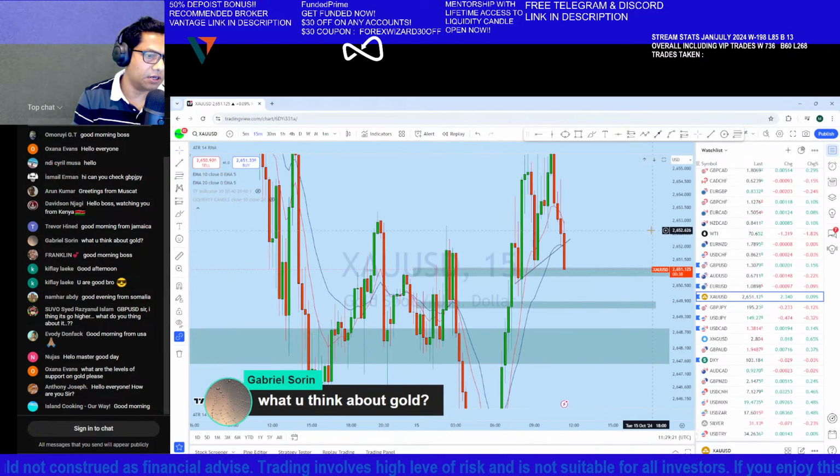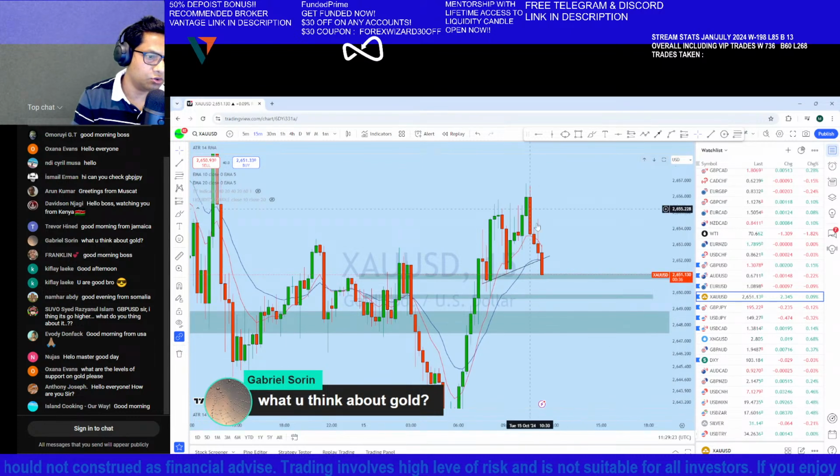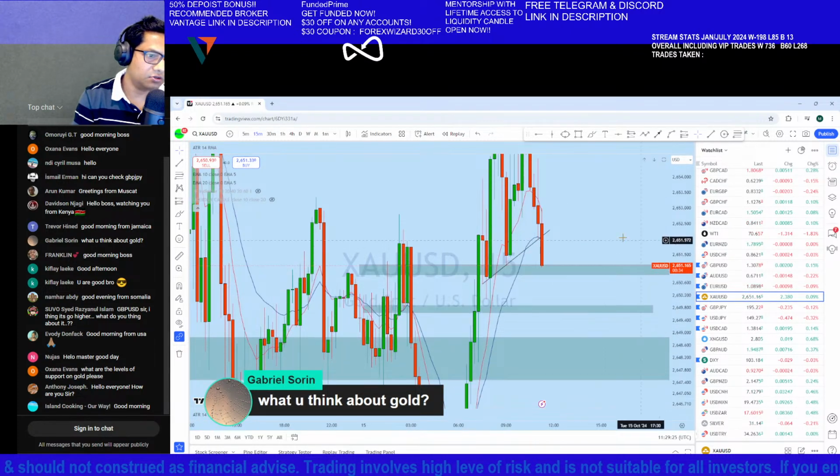We can see the market started to break below and we expect it to drop further to the support level.